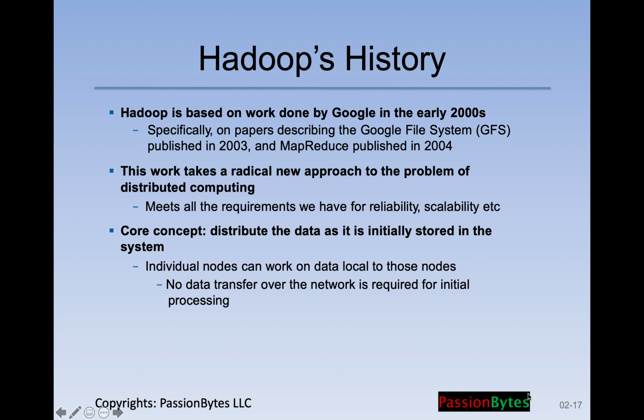That computation framework and the file system together is called Hadoop. So if somebody asks you to define Hadoop: Hadoop is basically a file system called HDFS and a programming model called MapReduce built on top of HDFS.